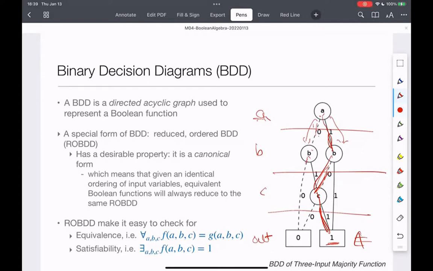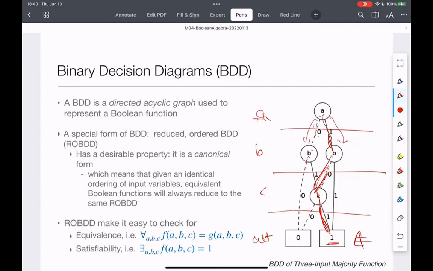Actually, it's a super hard problem. Those of you doing CS theory type courses will know these fall into the category of problems which are exponentially hard. But still we rely on heuristics and things like that. But if you have the right kind of representation, solving some of these problems becomes easy.